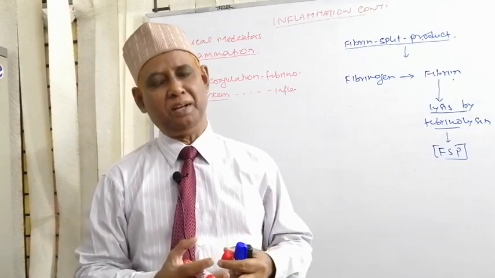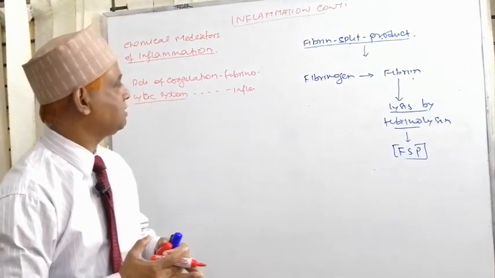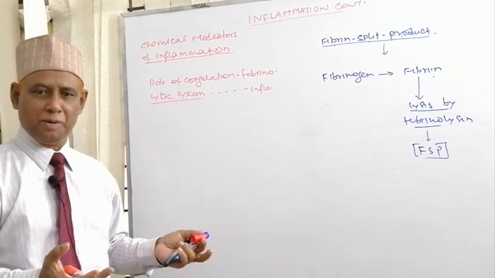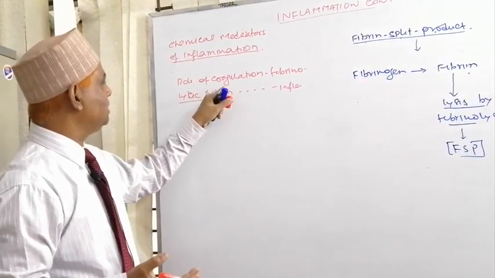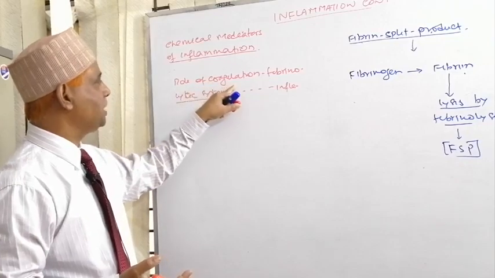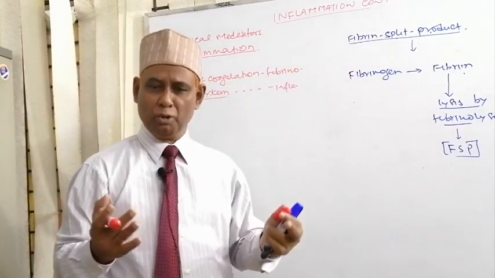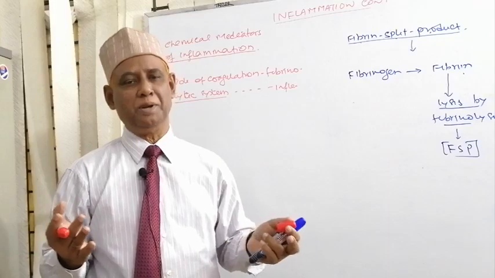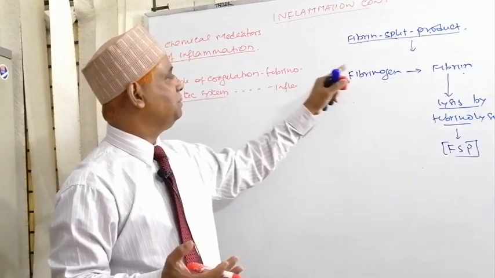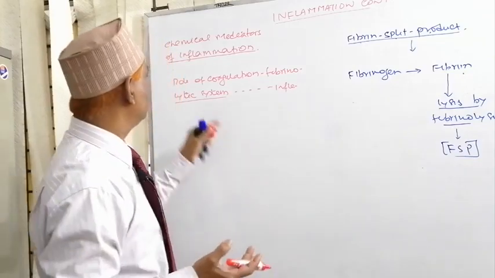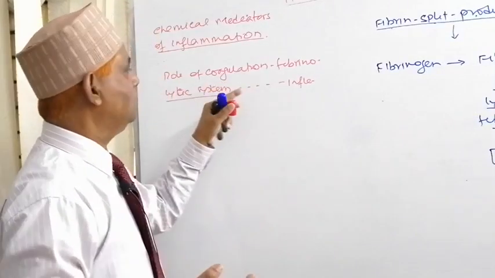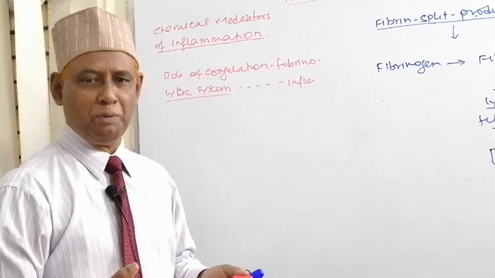This fibrinopeptide and fibrin split product is associated with increased vascular permeability. So the role of coagulation fibrinolytic system is increased vascular permeability.